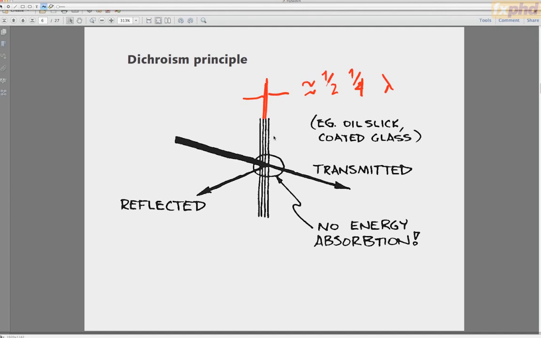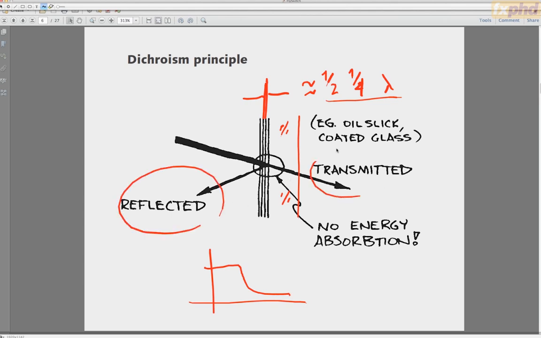And this produces a piece of, well, it's coated on a piece of glass, because obviously if it's only a few wavelengths thick, you can't have any physical strength. So coated onto a piece of glass. And this produces a filter which takes the wavelength band and reflects some of that energy and transmits the rest.